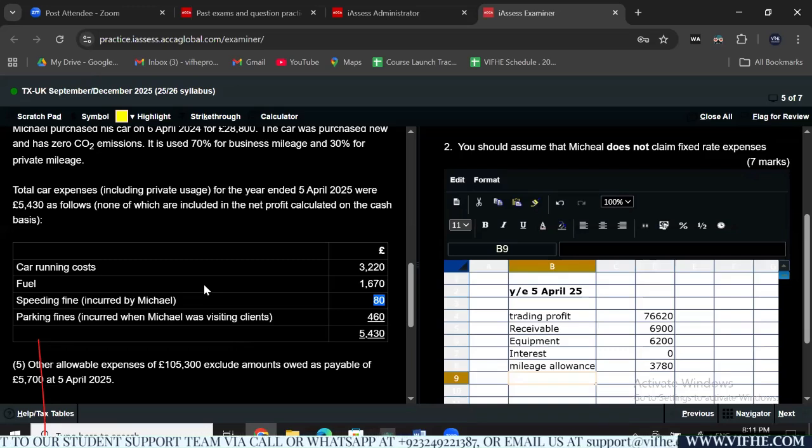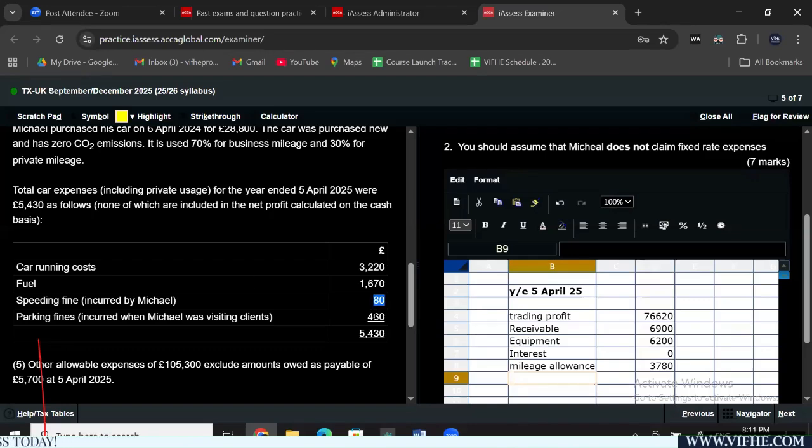And then there is a parking fine as well, but this was incurred when Michael was visiting clients. So this is once again a fine which Michael had to incur, though he was performing duties related to his business activities. But once again, the point is that this is not something incurred by his employee. It is he himself who did the wrong thing, which is why he had to bear the parking fine.